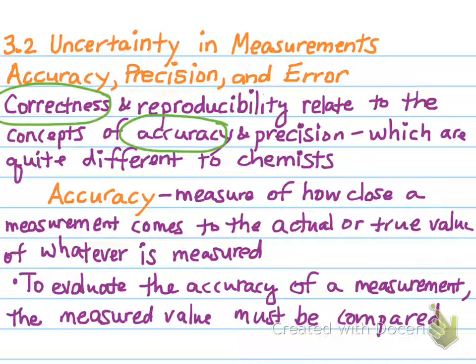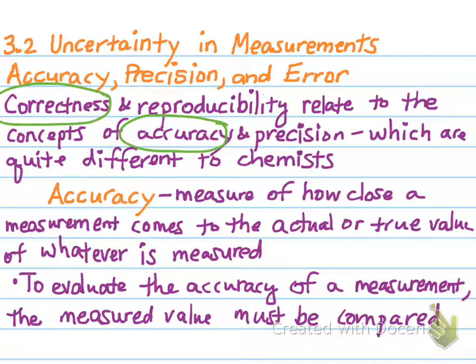And in chemistry and in science, we have books that are full of known information about different elements and different substances. So, for example, if you are figuring out the boiling point of a substance, you can look in a book and probably also on the internet and find what the true boiling point of that substance is.